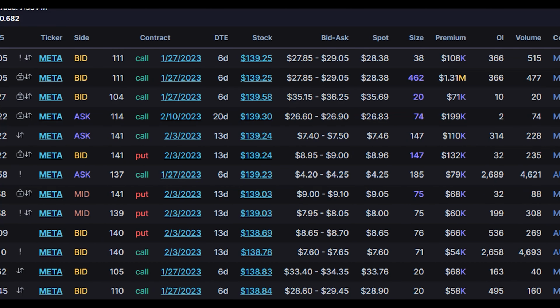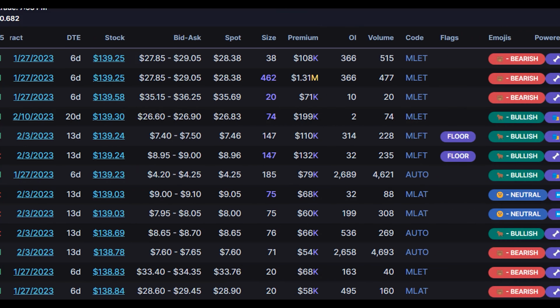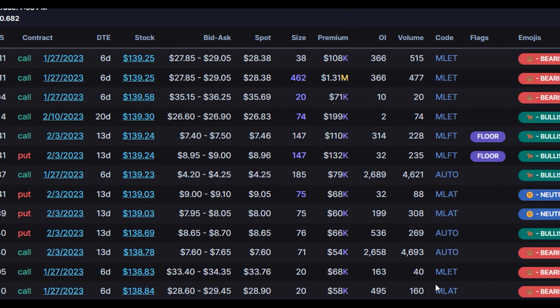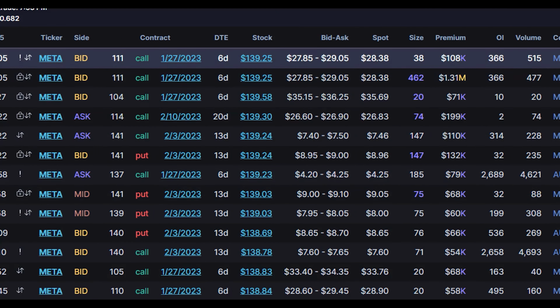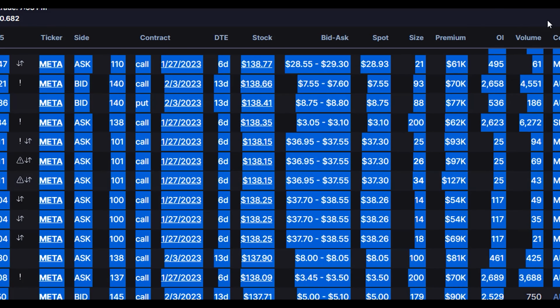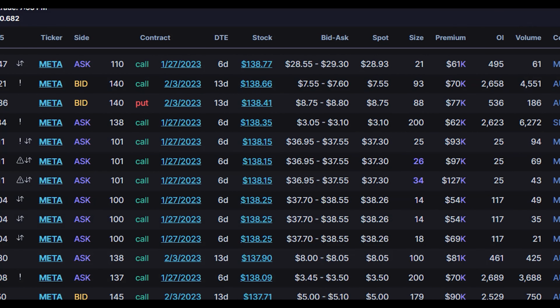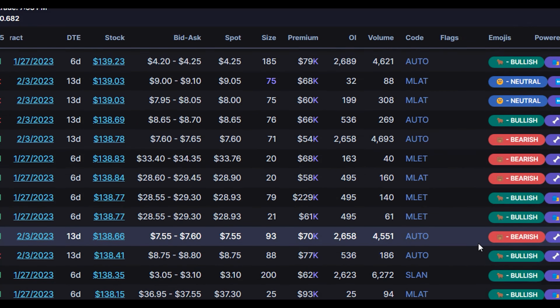Now, I don't think you should base your trades only on the option order flow. I think it definitely has a huge weight, probably maybe 60% of the time this may be correct. However, I think this is best done in conjunction with other data points, right?